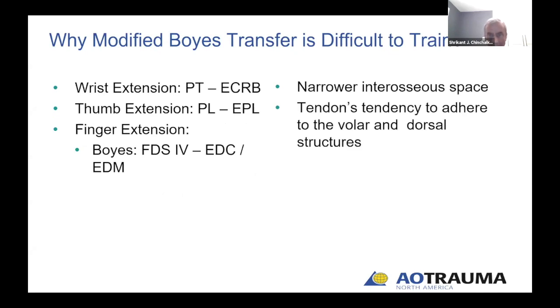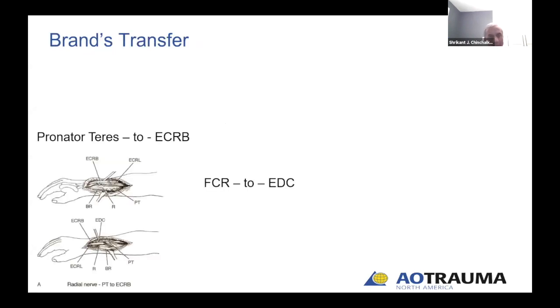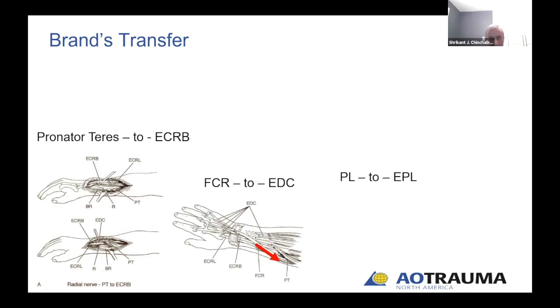Secondly, the tendon's tendency to adhere to the volar and dorsal structures. And lastly, there is no physiological match between the single flexor digitorum superficialis tendon attempting to power the four fingers on the extensor side. This is the most favored transfer: pronator teres to ECRB, FCR to EDC, and palmaris longus to EPL.